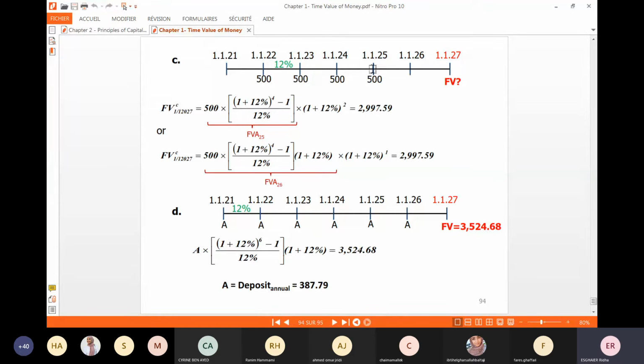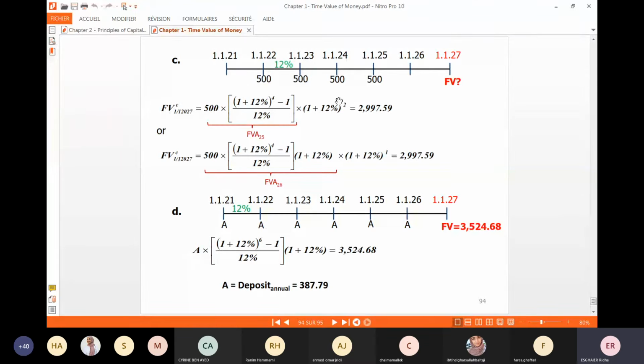Here we have three techniques. The basic one, which will take too much time, we will compound each amount separately as we did. We will take the answer A, and we will repeat it 4 times.